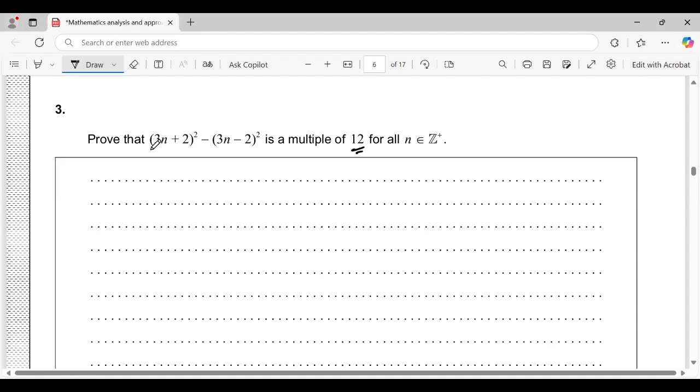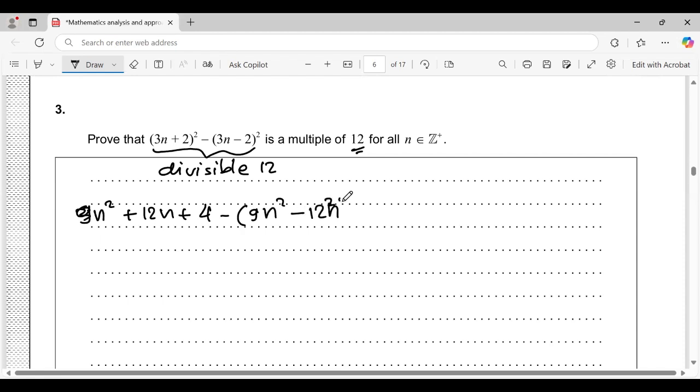If it is a multiple, it means we are going to prove that this expression is divisible by 12. (3n plus 2) squared, I'm going to expand, becomes 9n squared plus 2 multiplied by 2 times 3n, 12n, and plus 4, minus 9n squared minus 12n, only 12n, sorry, without the square, and plus 4.